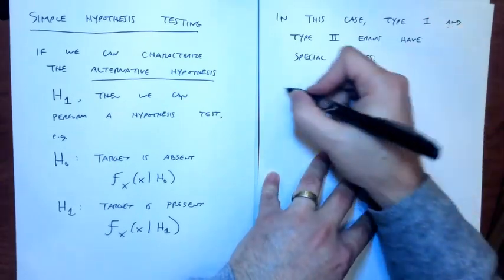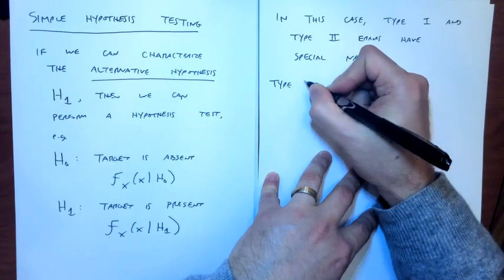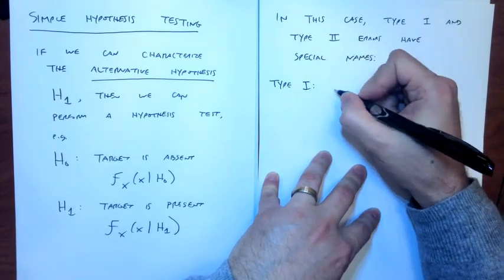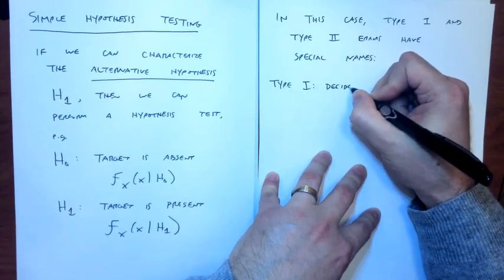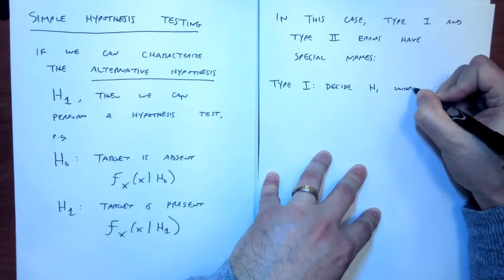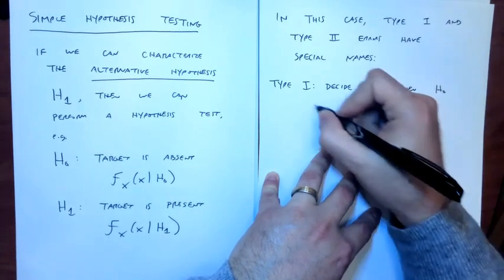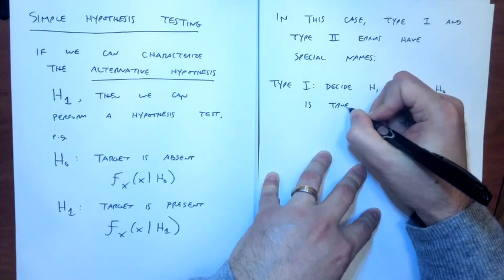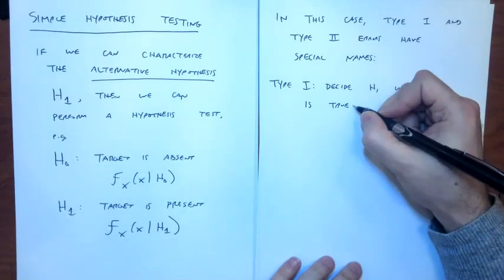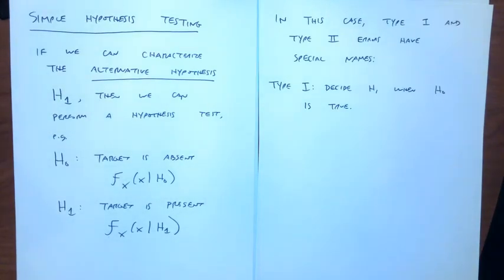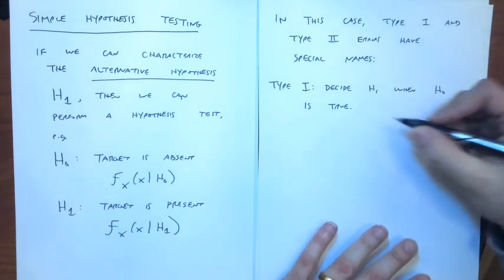The type 1 error, same idea as before, is that I decide H1 when H0 is true. Again, this is like saying I decide the patient has the disease when they don't actually have the disease. This is called a false alarm.